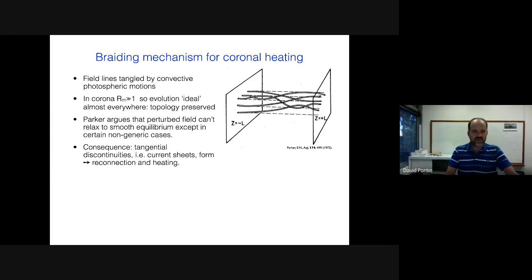So supposing that the field were to relax towards such a state, eventually, even for extremely high magnetic Reynolds number, you would have to get reconnection occurring, and then this can allow the field to simplify its topology, release magnetic energy and generate heat.